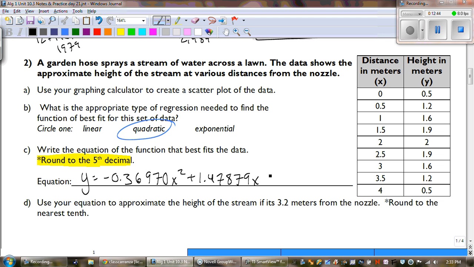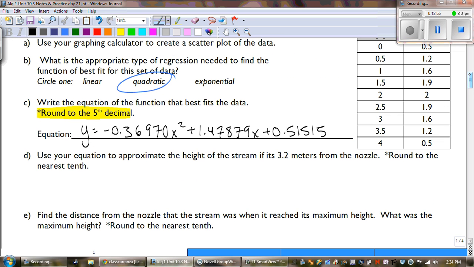Be very careful with this. And 0.51515. Okay, so use the equation to approximate the height of the stream if it is 3.2 meters from the nozzle. Okay, and then it's asking us to round to the nearest tenth.